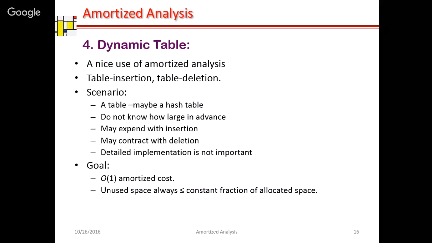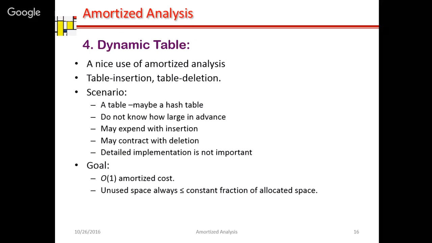It may expand with insertion, and may contract with deletion. The detailed implementation, sorry, is not important. So again, we see the goal here is big O of 1 amortized cost for each operation.